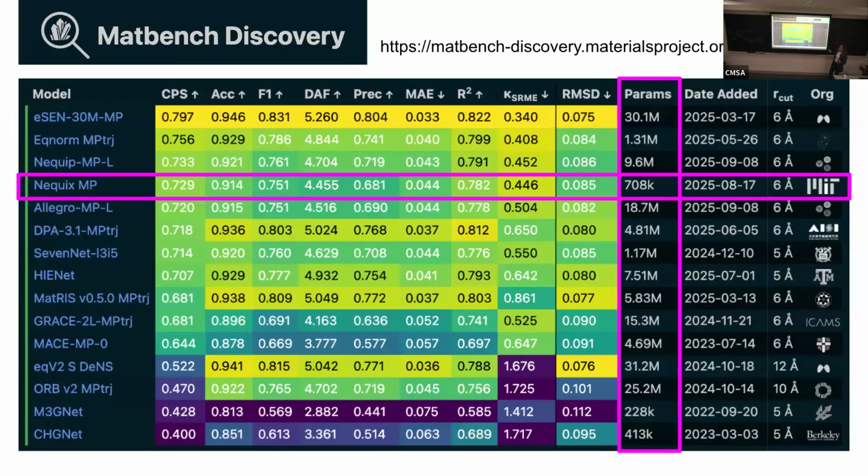Okay, here's MatBench Discovery. This is going to be from the Materials Project Trajectory data set. And just to give you a sense of the zoo of things going on, this is one of the models we were comparing against. Here's MACE, here's Equiformer V2 with a particular training. eSEN was recently released from Meta. This is their 30 million parameter model. Again, a lot of these are ranging more in the 10 million and higher.